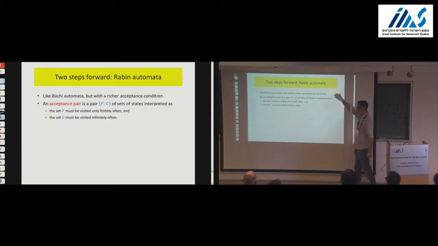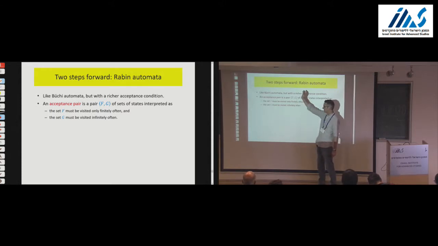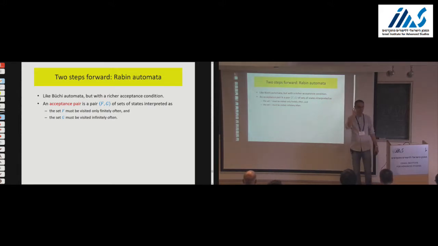So it's just like a Büchi automaton. The structure is always the same. We only change the acceptance condition. Remember, a Büchi condition was just a Boolean combination of G's, and G's are conditions of the form visit this set of states infinitely often.